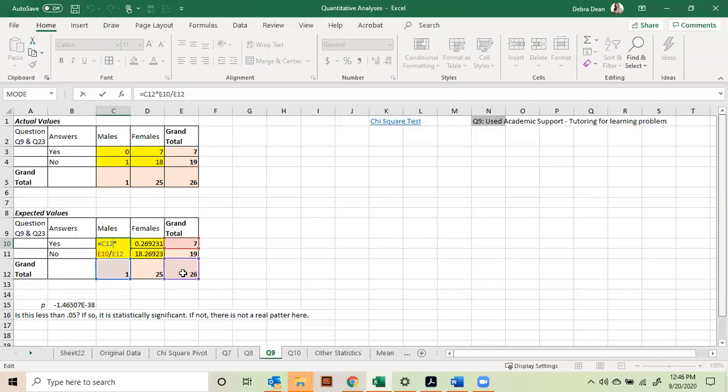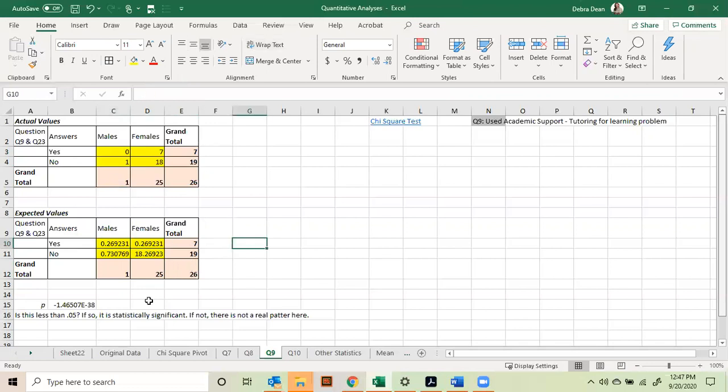And that's our grand total down here. So C12 is right here. And then we're looking at E10, which is right here. And then we're looking at E12, which is down here. So again, all this is automatically going to populate for you. And then the chi-square formula is right here.